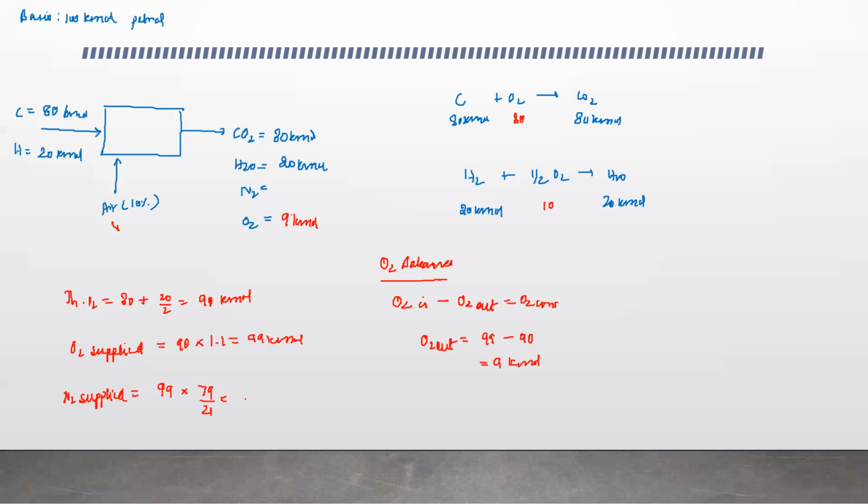So nitrogen you'll get as 372.43 kilomole. That nitrogen you will get over here, 372.43 kilomole. All right. So now we have to give the analysis.